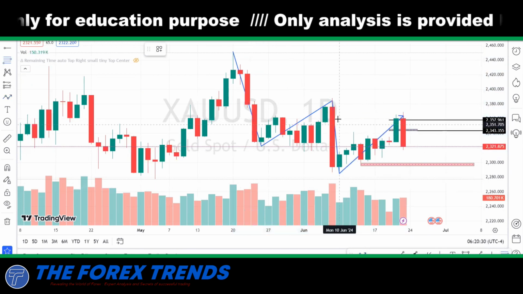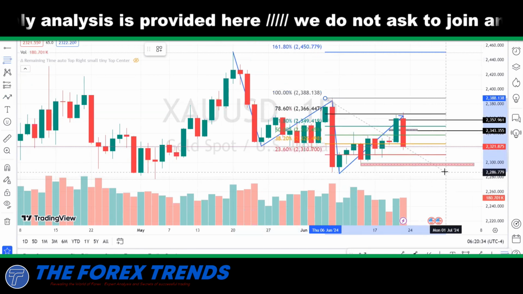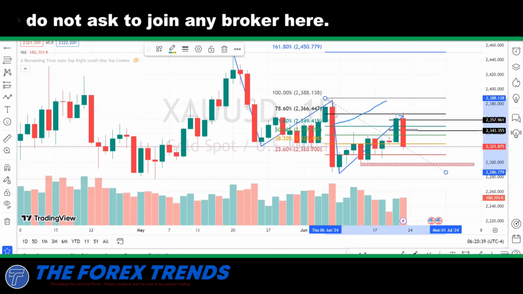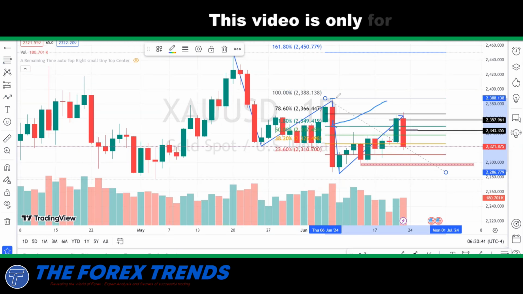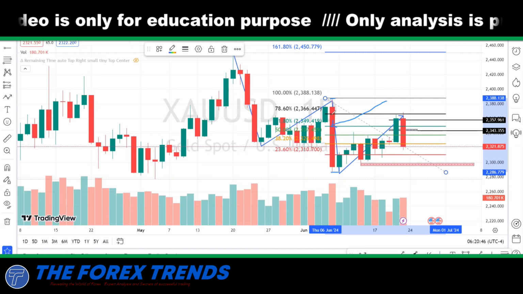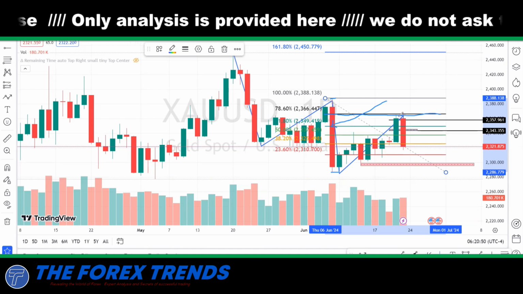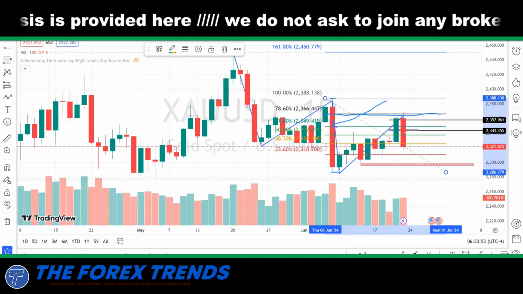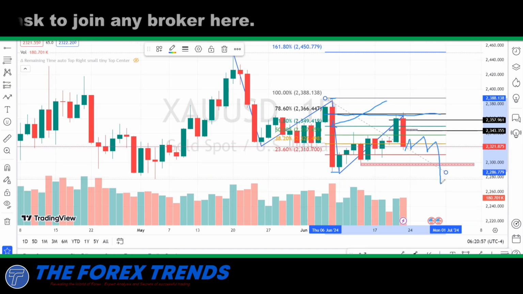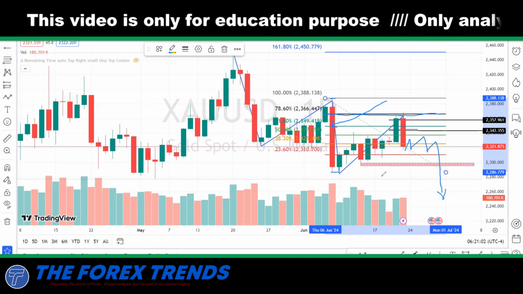If I plot the Fibo from this impulsive candle, from its starting point to its ending point, you can see the market has rejected from the OTE level, that is the 78.6 level, and that means we may see good selling after the correction, and we may see a new lower low here.